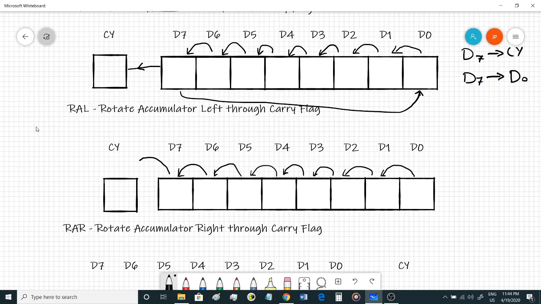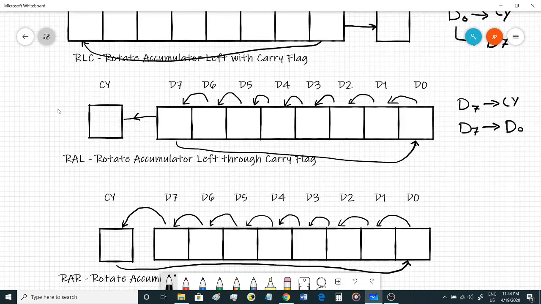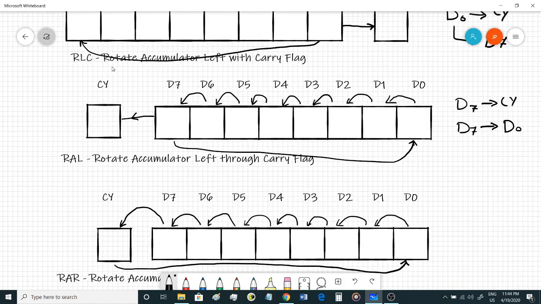From D7 the data goes into the carry flag, and whatever data is there in the carry flag goes into D0. That is the only difference between RLC and RAL.